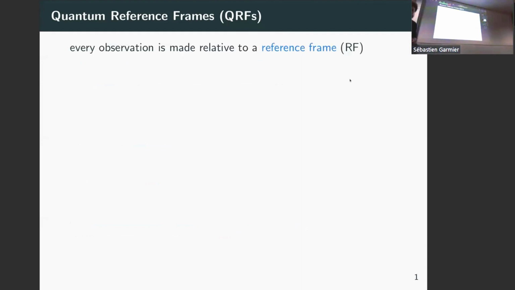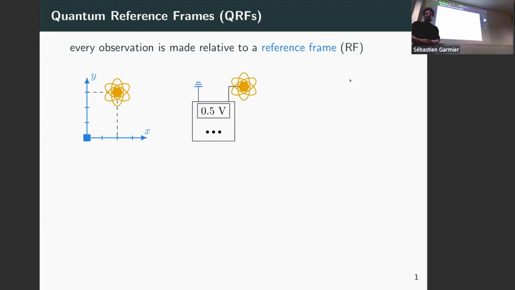For instance, if I want to measure the position of a particle, say this atom here, I need some way of assigning positions to that. I can do this with a coordinate system, the blue thing here. Or slightly more abstractly, if I want to measure the voltage of some system in the lab, I also need a reference voltage. So a reference frame can be much more than just a coordinate system.